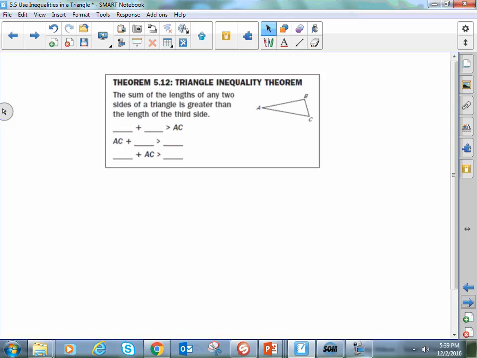So here what it's telling you is that the sum of the lengths of any 2 sides of a triangle has to be greater than the length of the third side, which makes sense.